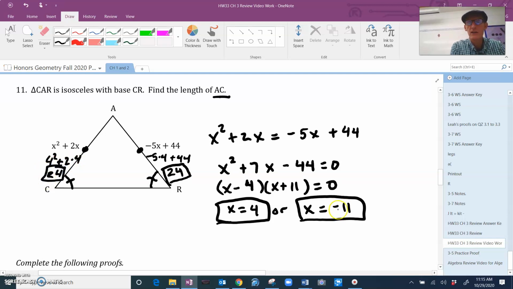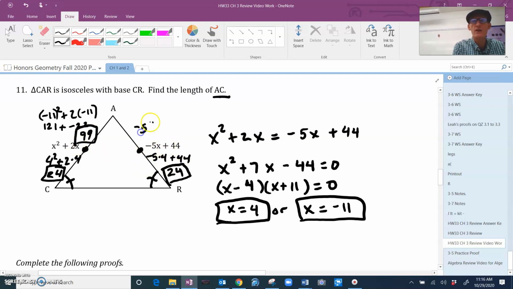Now, if I plug in negative 11, let's see what happens. So negative 11 squared plus 2 times negative 11 is 121 plus negative 22, which is 99. Okay? Now, do we get the same thing?